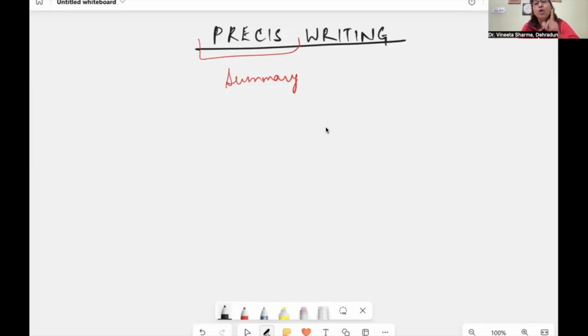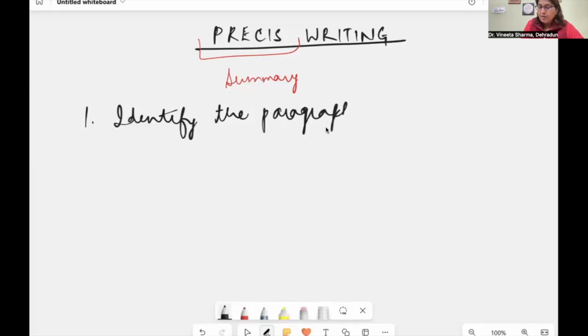So the first and foremost thing that you should do is read the question and try to identify the paragraph in the passage which you have to use to write the Precis.